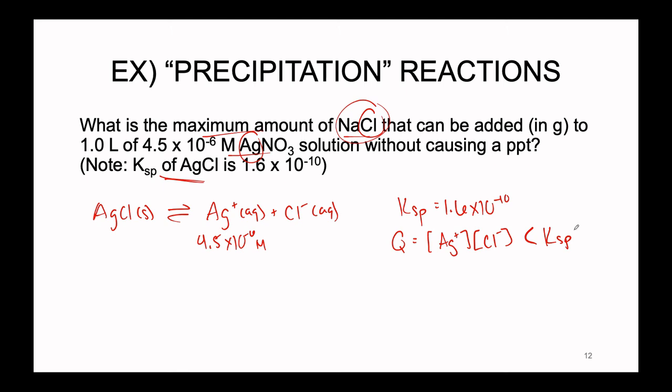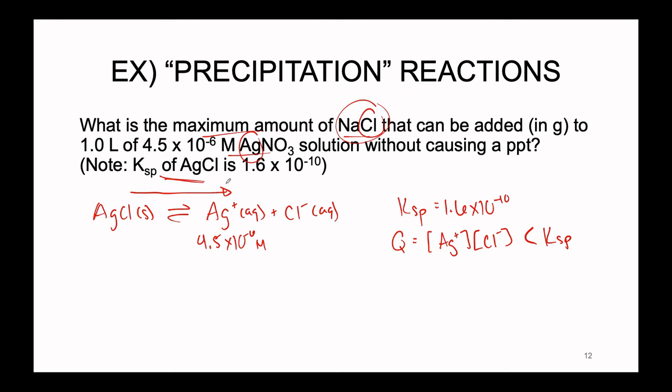Again, if our Q is less than our Ksp, it means that we proportionally do not have enough product, and that's going to make sure that this reversible reaction we're working with will still be moving predominantly in the forward direction. This is what we want. Again, we're not trying to cause a precipitate. In fact, we're actively trying to not cause a precipitate. So we want to make sure that the forward direction of this reaction is dominant to make sure that silver and chloride remain dissolved.